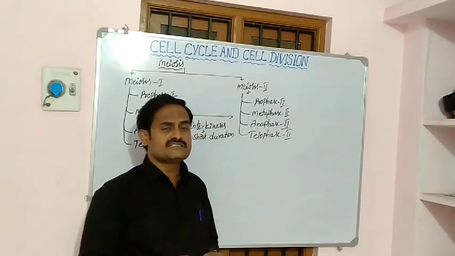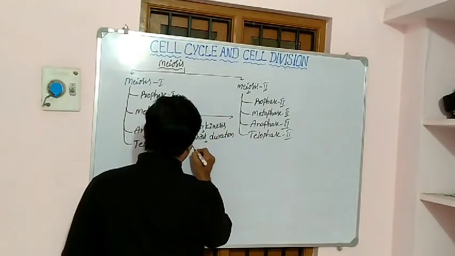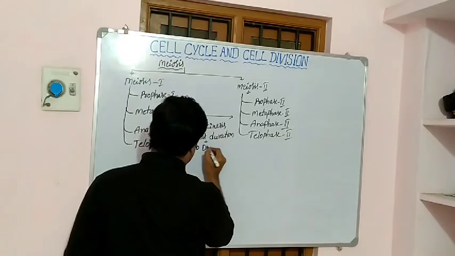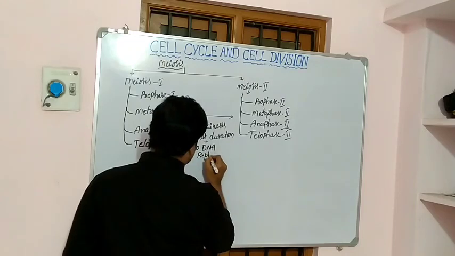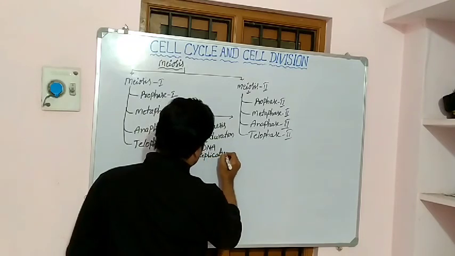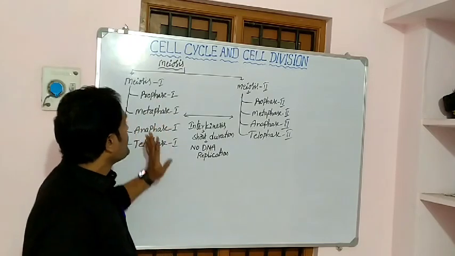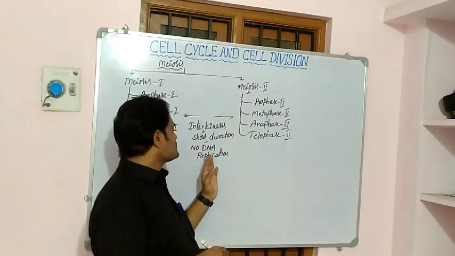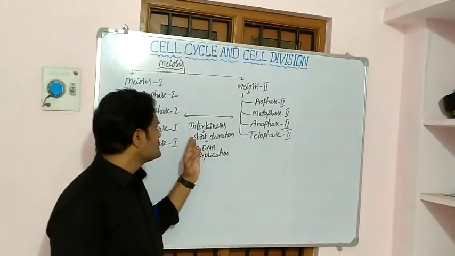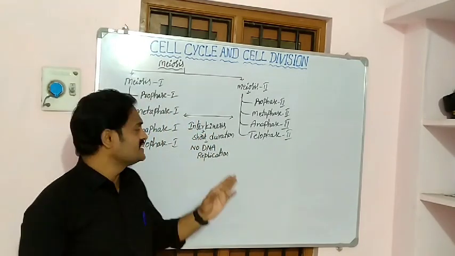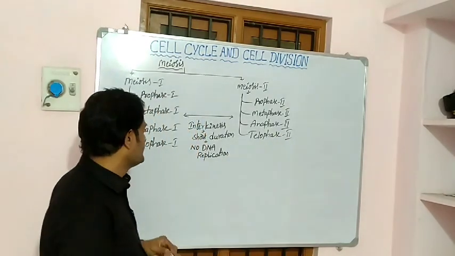Interkinesis. So what does interkinesis mean? There is no DNA replication. Once the cell completes meiosis 1, it does not participate in DNA replication. So that is the interkinesis. It takes only a small duration.